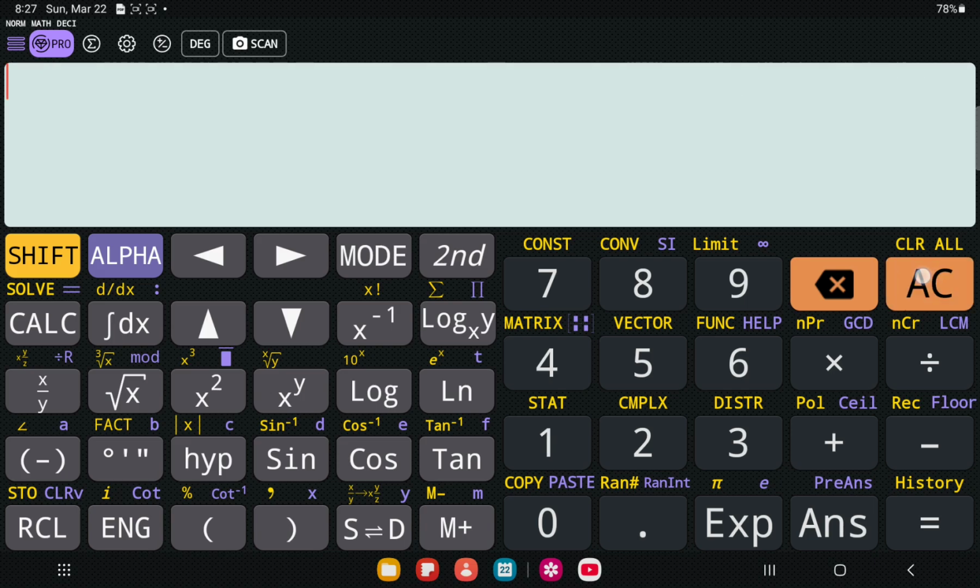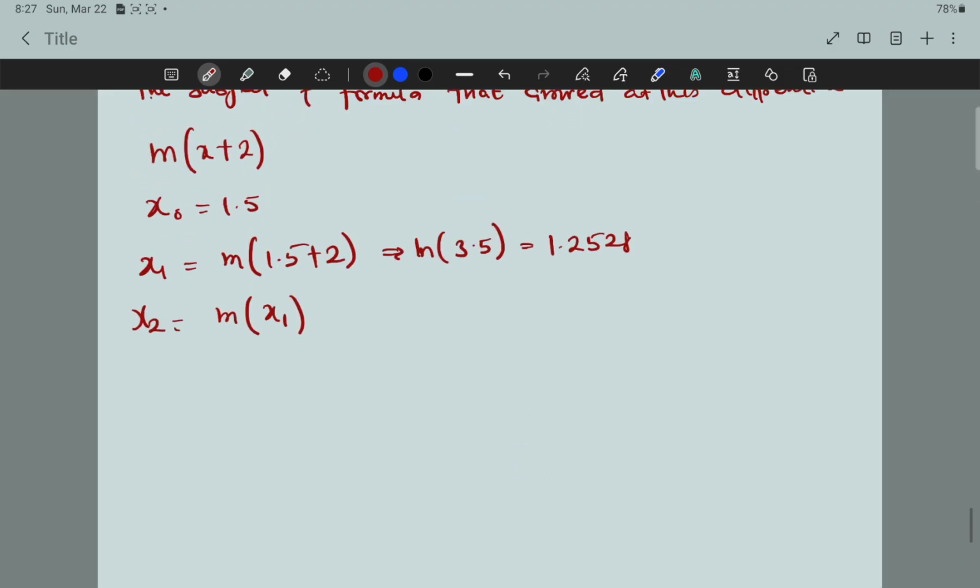To save myself all this stress, I quickly go to my calculator and press ln, you write x plus 2, you cover it, and you say calc this value for me at 1.5. I have 1.2527, approximately 1.2528 anyway.